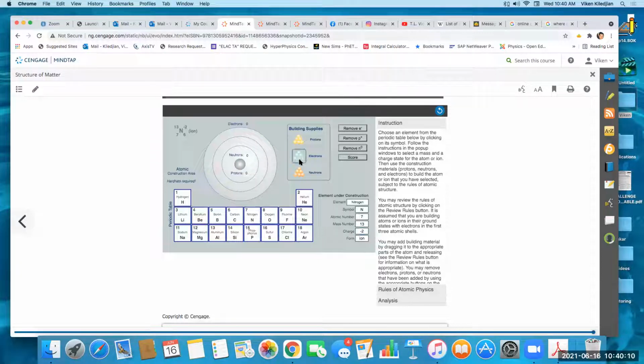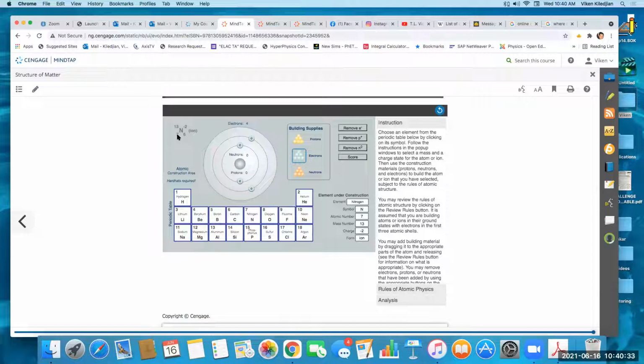And then the electrons would be, if it's -2, that means it has 2 more electrons, right?